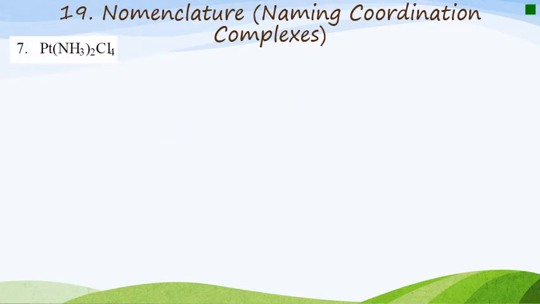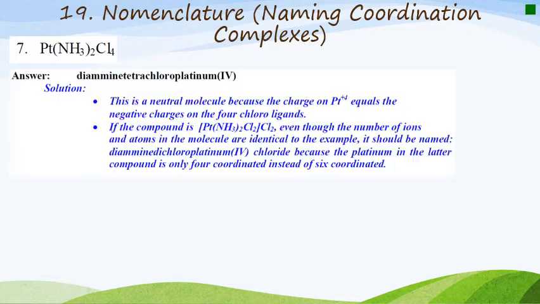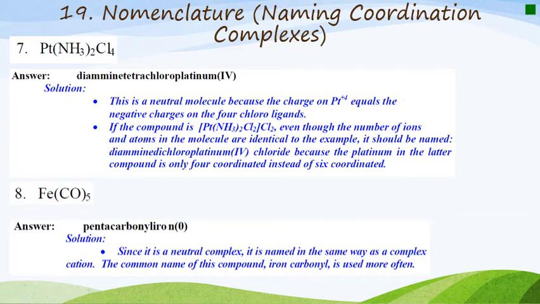Here is another one with its solution. Number 8. That's a neutral complex with its solution. In this case, we don't change the name of the metal because it's in its elemental form.